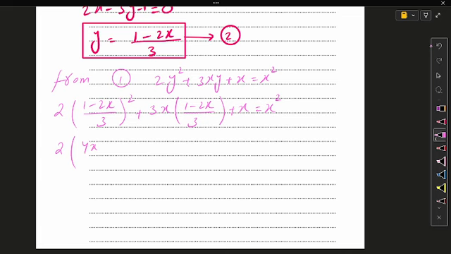So that becomes 4x square minus 8x plus 1, over 3 square, which is 9. Yes, 3 times 3 would cancel each other. This one and this one could be cancelled. And I'm able to get x minus 2 times x, which becomes negative 2x square, plus x.